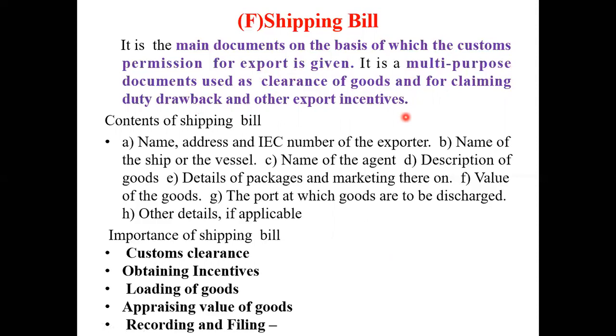Remember, the purpose of the shipping bill is twofold. The first thing, it helps to get the clearance of the goods, and secondly, it also helps to get incentives from the government.